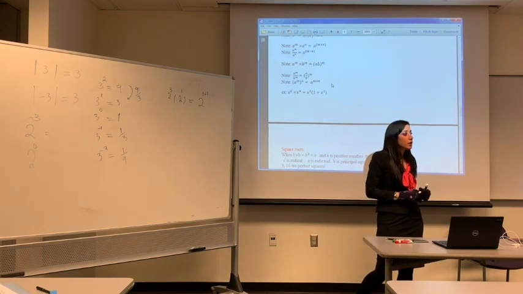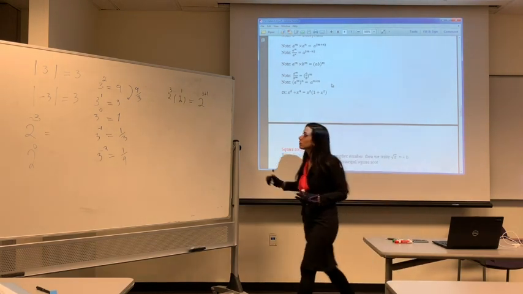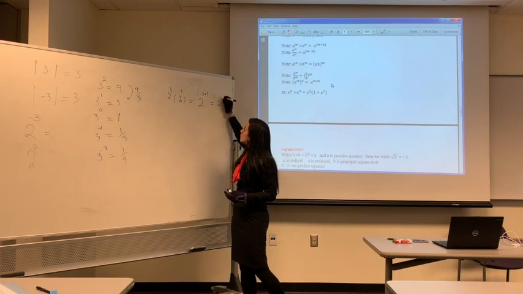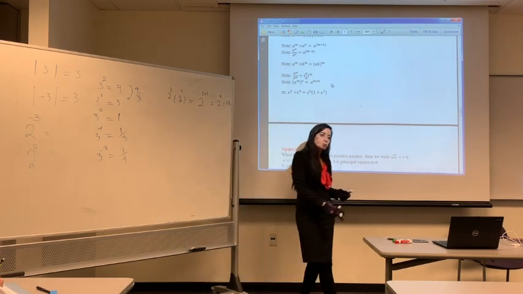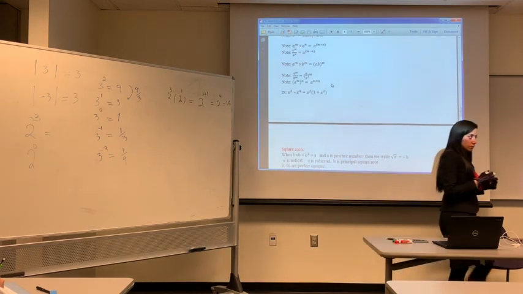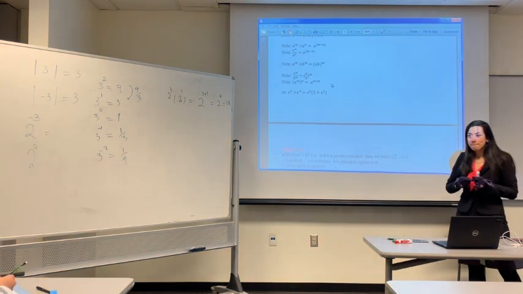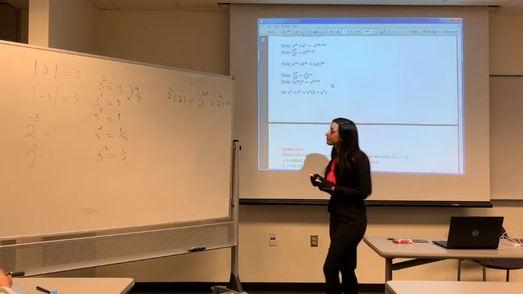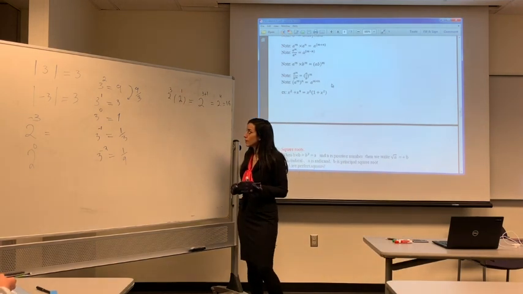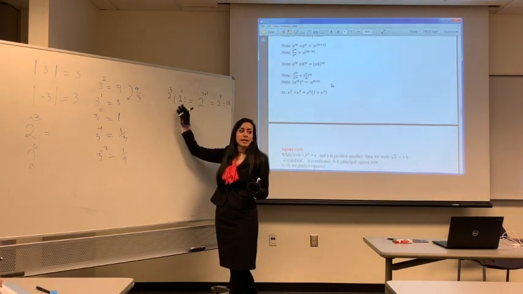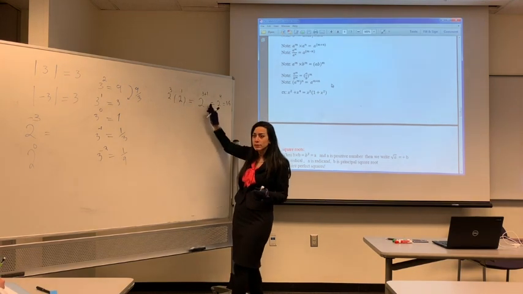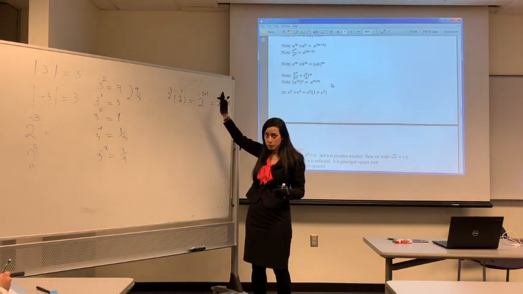So what happens? 2 power the exponent becomes 4, so it's 2 power 4, which is 16, because 2 multiplied by 2 multiplied by 2 multiplied by 2. So whenever you have the same base, write down the base and add the powers.